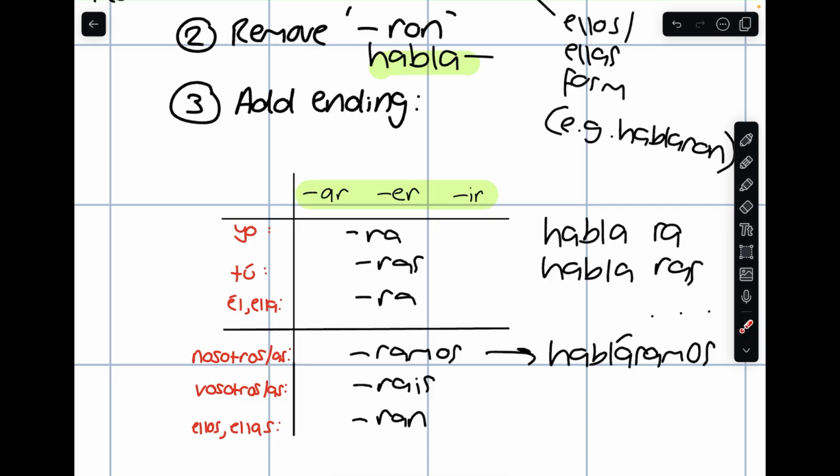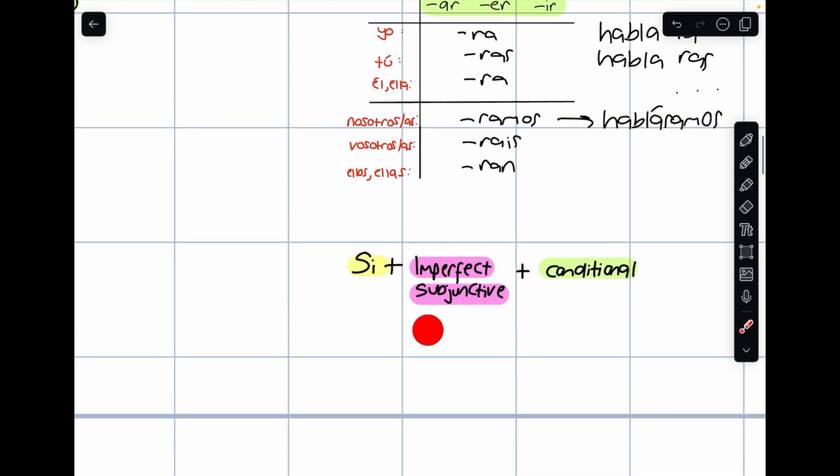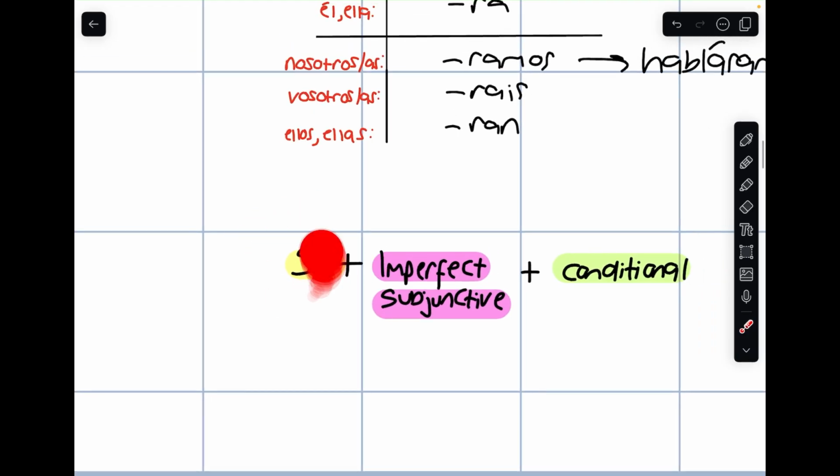So that's it. And again, at GCSE, you don't need to know really how to use it, but if you can have some good set phrases, that would be nice. So we can have si, so that's if, plus the imperfect subjunctive, plus the conditional. So for example, si pudiera, and then we'd have the conditional.